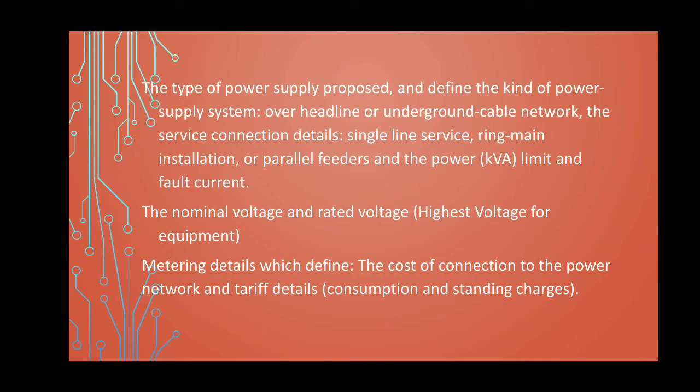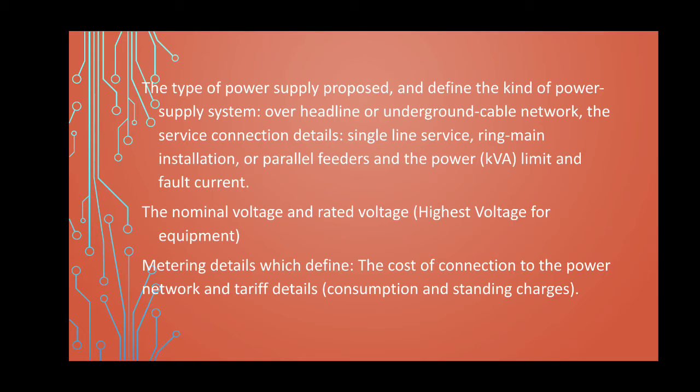Next, we have seen the power supply, which depends upon the underground as well as the overhead systems. The overhead line or the underground cable network is connected to the service connection with a single line service, with ring main systems, with interconnected power supply.